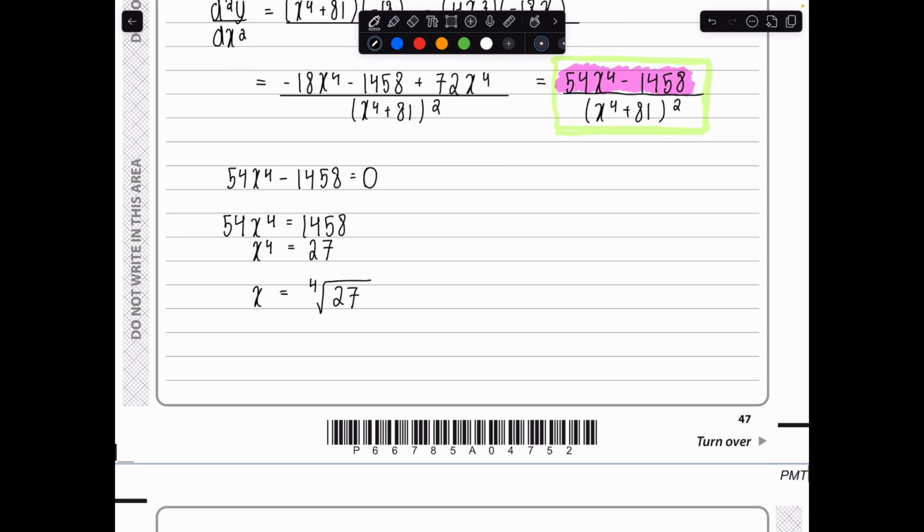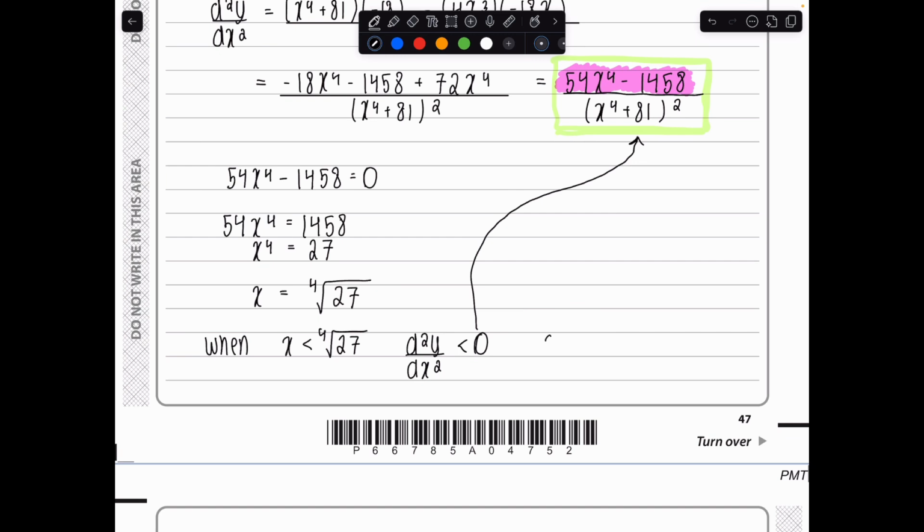So the key thing that we need to understand here is when x is less than the fourth root of 27, our second derivative, so our d squared y by dx squared, our second order derivative is less than 0. We can infer that from our expression here, because our denominator is always positive, because it's a square, but then our numerator is going to be negative.